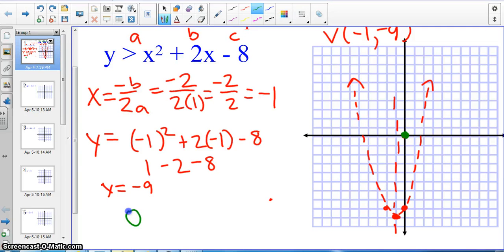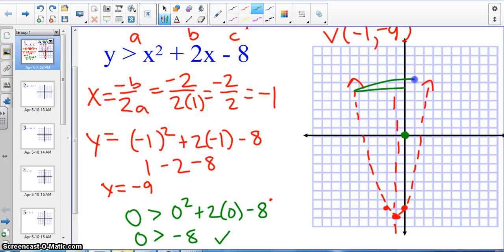So 0 greater than 0 squared plus 2 times 0 minus 8. Well, 0 squared is 0, plus 2 times 0 is 0. Is 0 greater than negative 8? Yes. So where we shade is everything inside of your parabola.